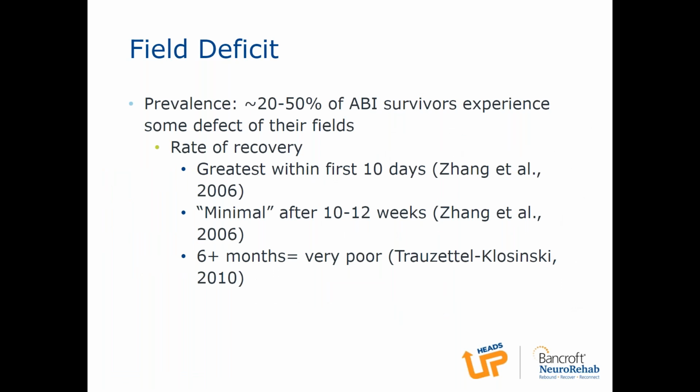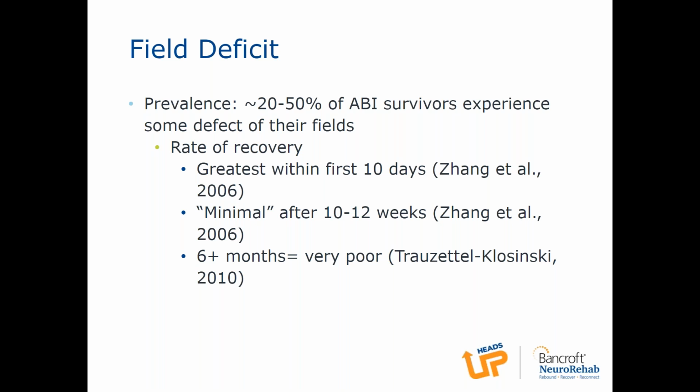So field cuts are pretty prevalent in acquired brain injury. Anywhere between 20 and 50% have some deficit to their field. And the rate of recovery is pretty poor. This study done in 2016 by Zhang et al. found that the greatest recovery occurs within the first 10 days, and then there's minimal recovery, as they call it, after 10 to 12 weeks.